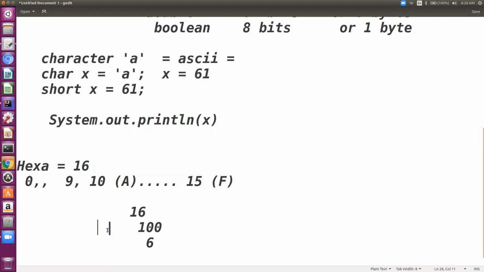Yes, remainder is 4. Then since 6 is less than 16, that completes your division. So 100 in hexadecimal will be 64. Let's check.